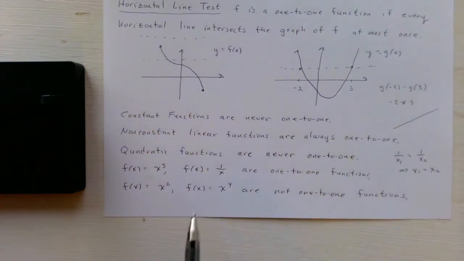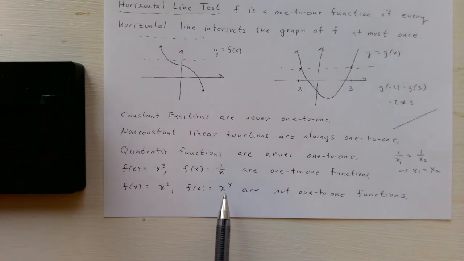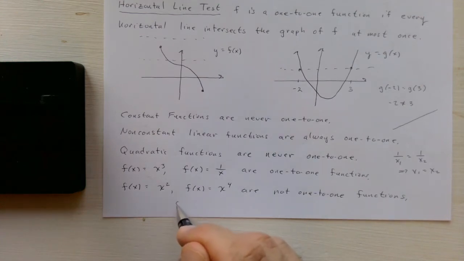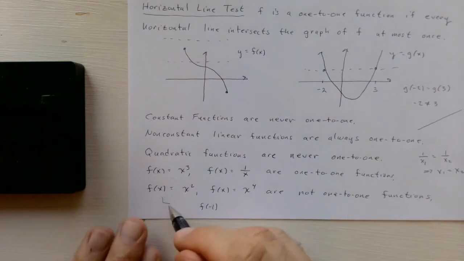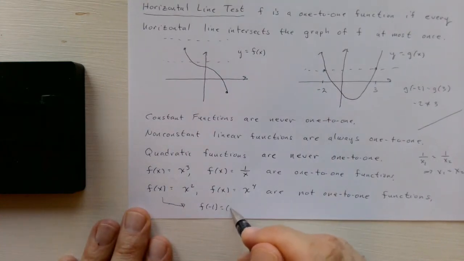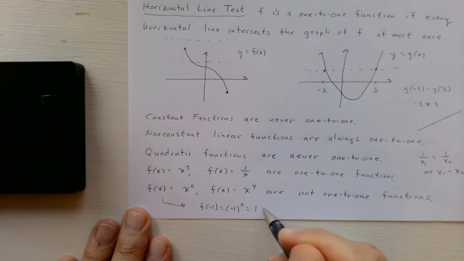x squared and x to the fourth are not one-to-one functions, and the reason for this is, besides looking at the graph, f of -1 would be (-1) squared, which is equal to 1, which is equal to f of 1.